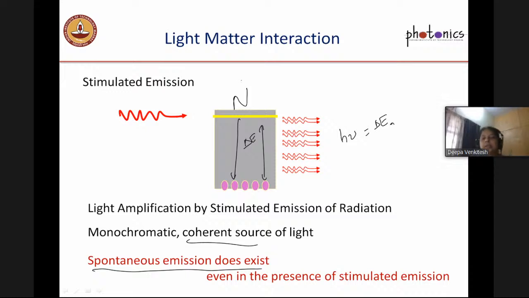So there is spontaneous emission even in the presence of stimulated emission, right? Which means there is some amount of incoherence even when you get coherent light. And this is an important concept to take forward.